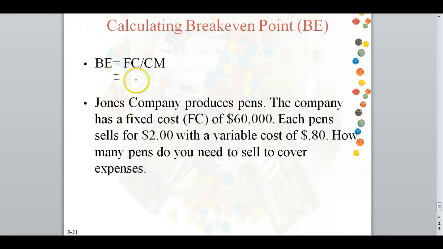So our fixed cost, 60,000, divided by our contribution margin, which is $2 minus 80 cents, equals 60,000 divided by $1.20.